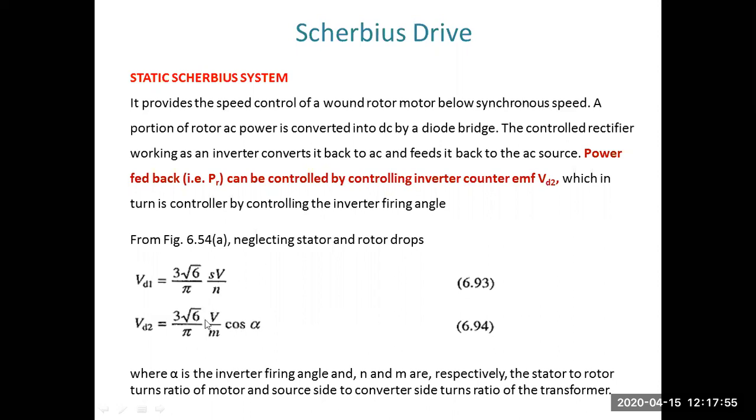What we will do is transfer this V upon m cos alpha to the right hand side. So this becomes minus, since V is cancelled.